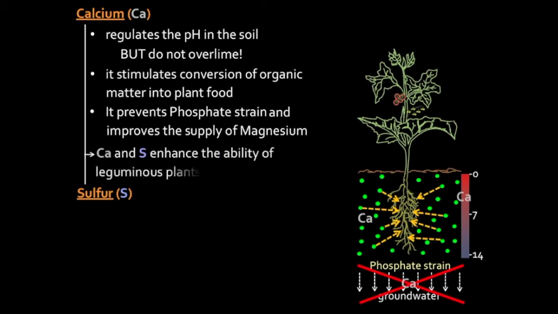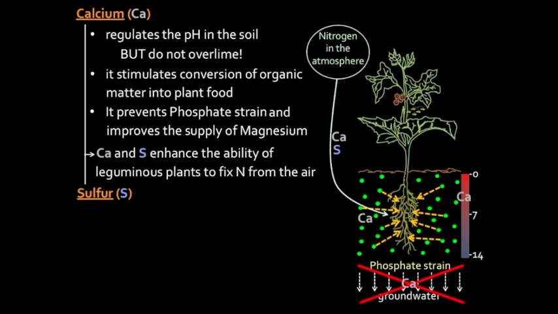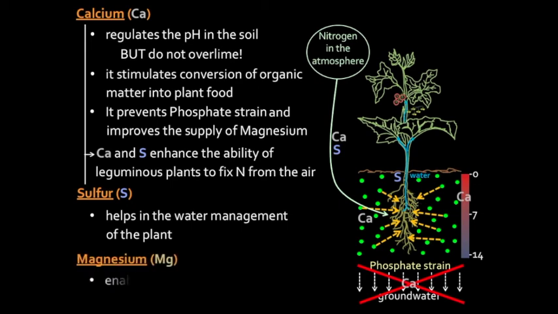Calcium and sulfur enhance the ability of leguminous plants to fix nitrogen from the air. Sulfur also helps in the water management of the plant. And magnesium enables plants to use sunlight as energy.